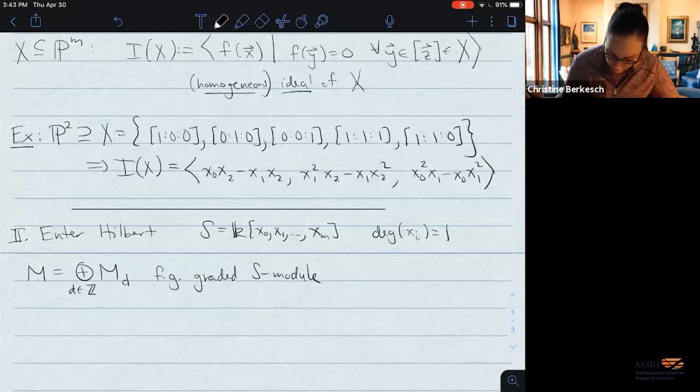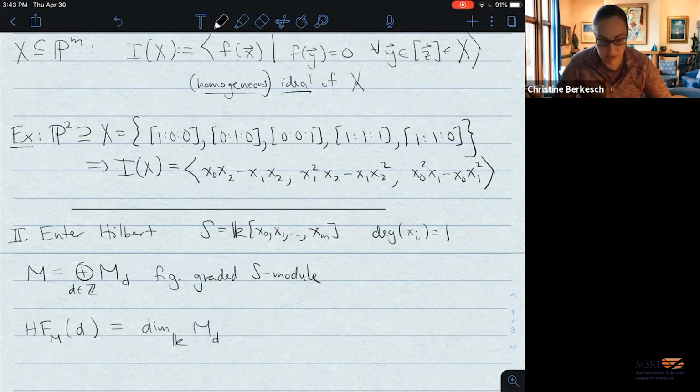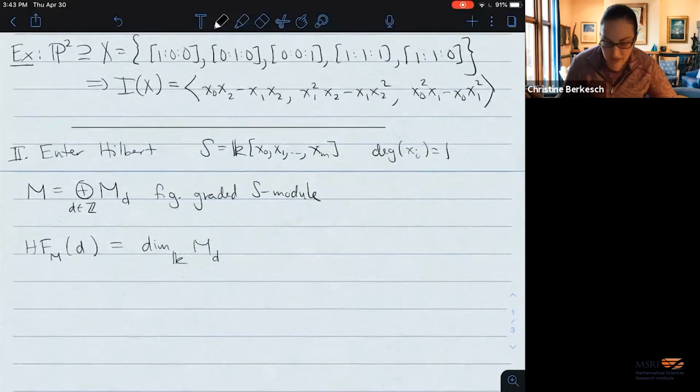And the Hilbert function for M tells me the dimension as a K-vector space of the dth graded piece of M. And so looking at this function, Hilbert observed that it eventually became polynomial.